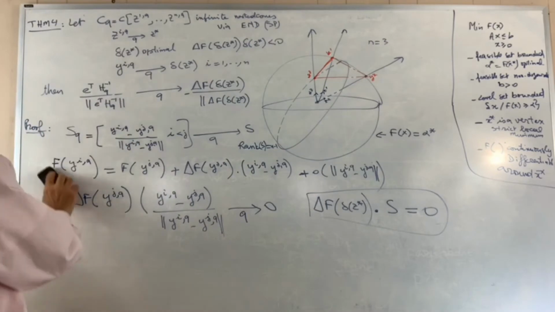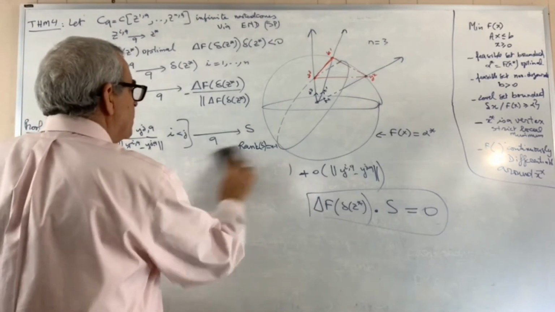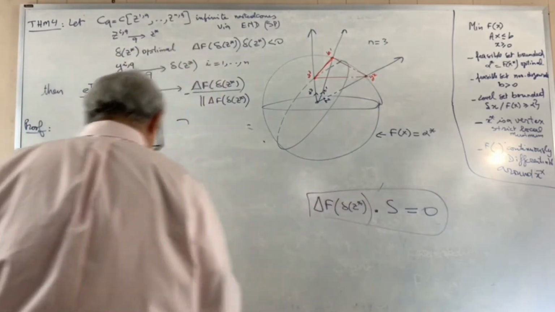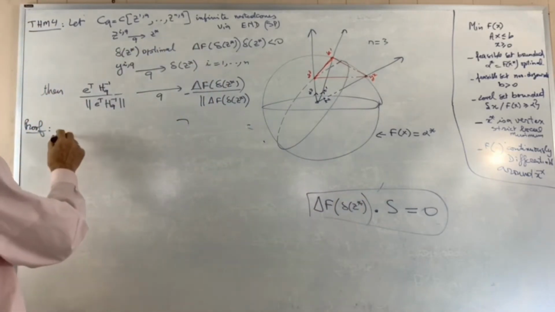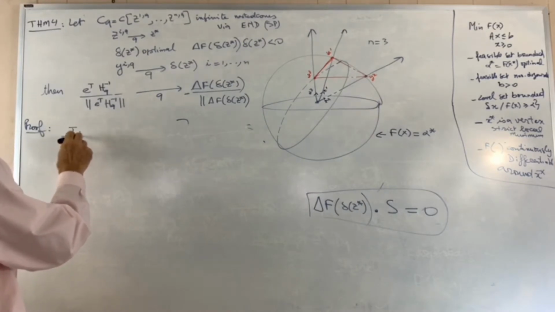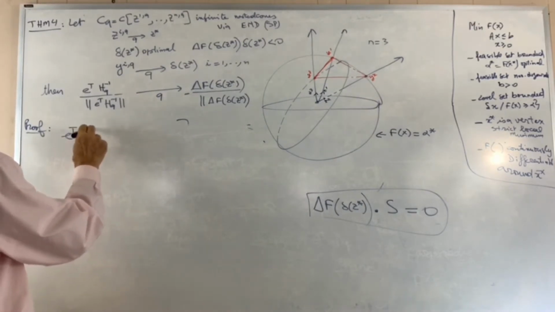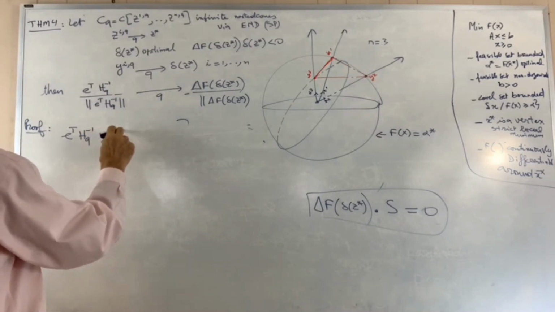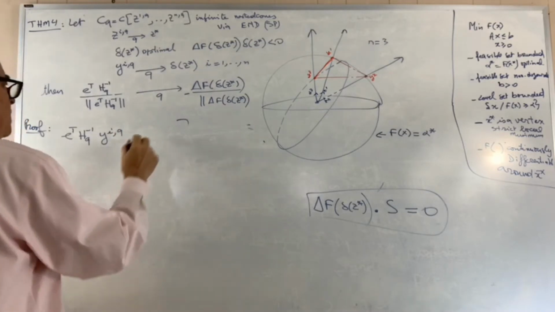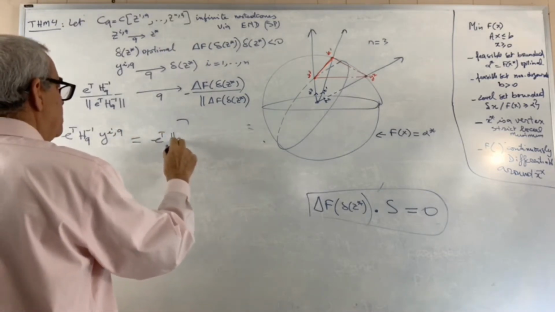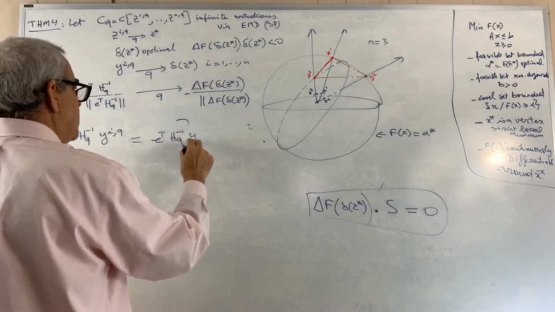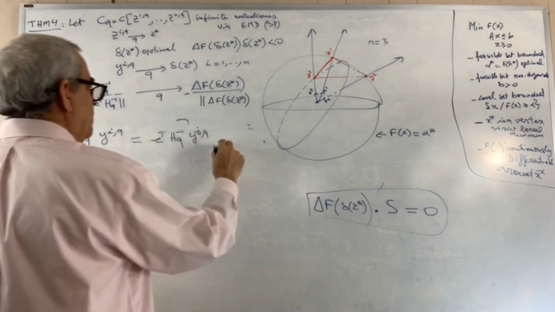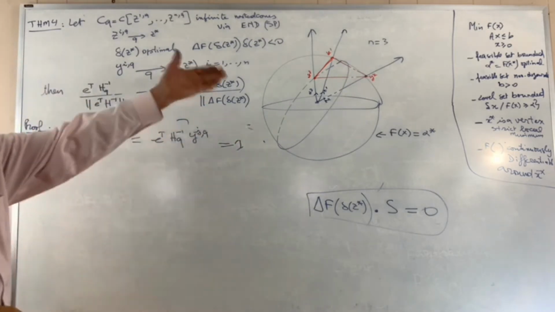Now, how about e transpose H_q minus 1? E transpose H_q minus 1 times y_iq is equal to e transpose H_q minus 1 times y_jq, and that's equal to 1 by construction of the Tuy plane.